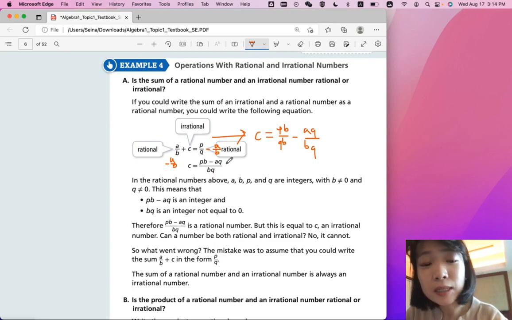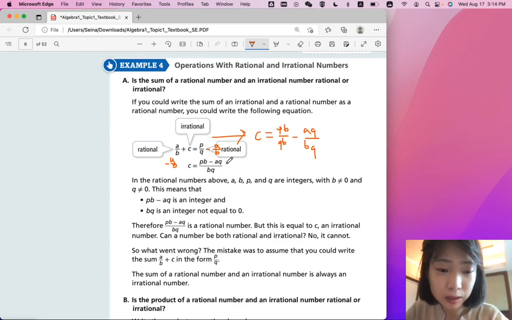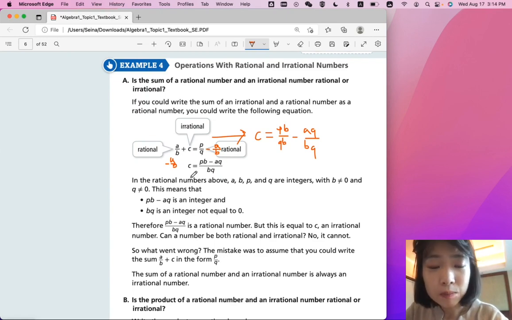And you know that B and Q cannot be 0. And this means that PB minus AQ is an integer because A, B, P, and Q are all integers where B and Q are not zeros, right? So therefore, this is a rational number.